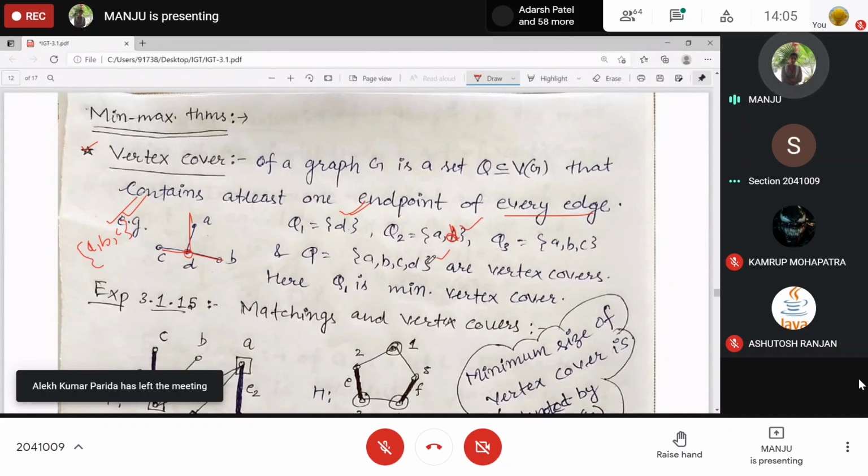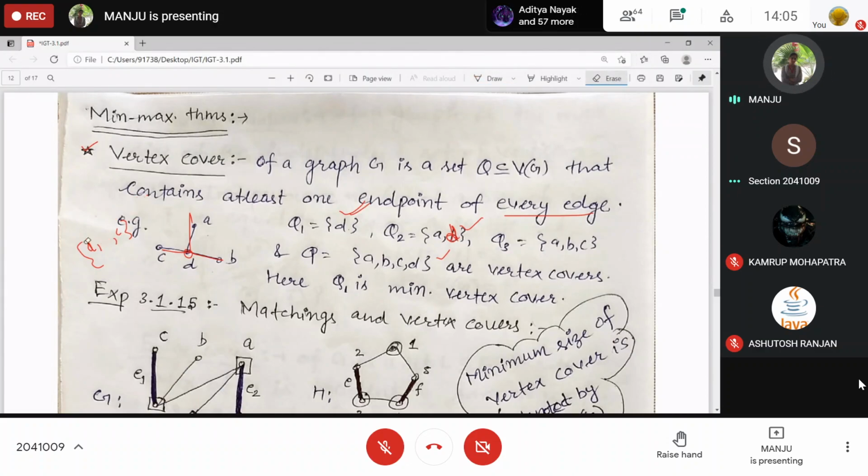Out of which we want the minimum vertex cover. Why? Suppose we have three ways, and this is the meeting point. P is the meeting point.